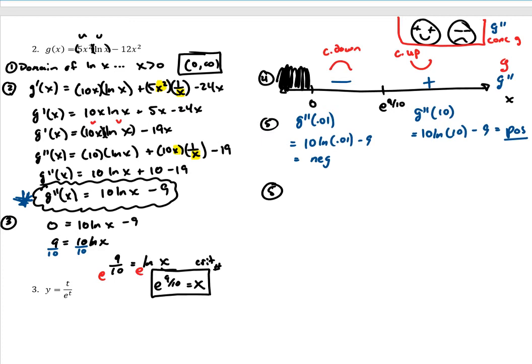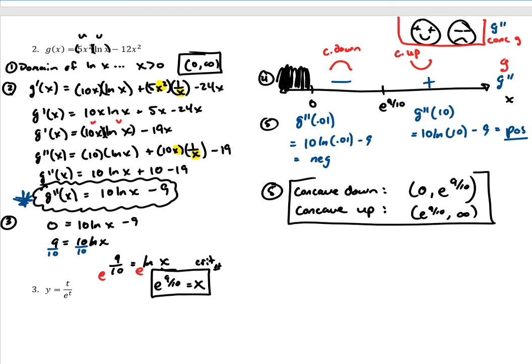The final part of step 5 is to state where it is concave down and concave up. So it's concave down on this interval from 0 to e to the 9/10, and it's always parentheses on concavity. And then it's concave up on the interval e to the 9/10, comma, infinity. There we go.